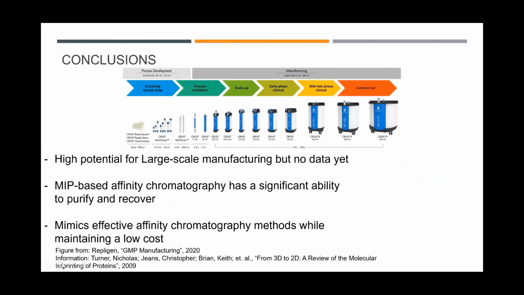So I chose MIP-based affinity chromatography not because it is the only new generation ligand that could potentially be a solution here. There were several other new generation ligands that could also potentially be a solution for vaccine production. But I think MIP-based affinity chromatography is by far the most interesting and may have the most applications in other fields.